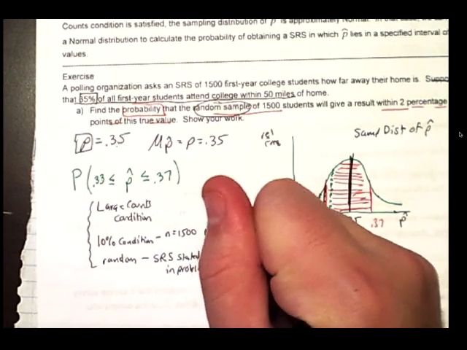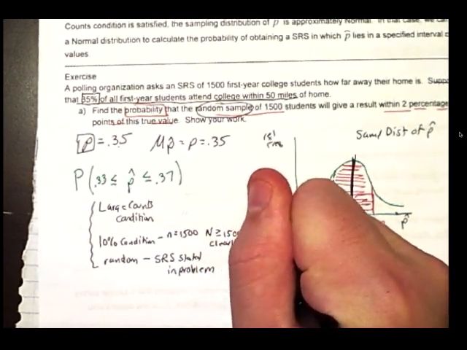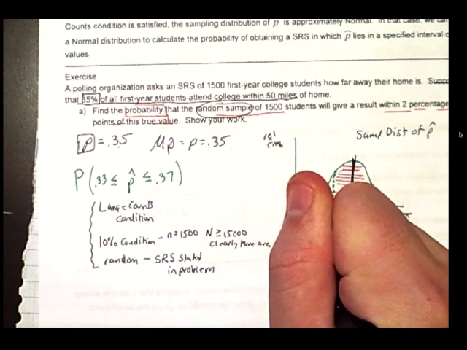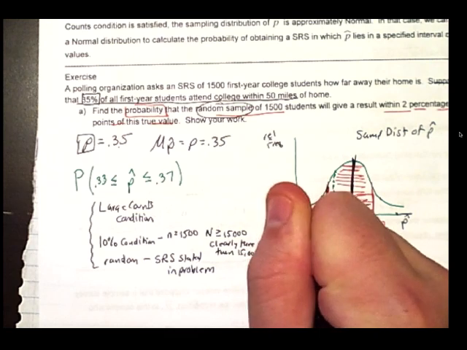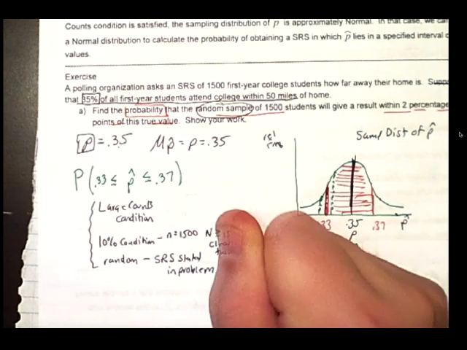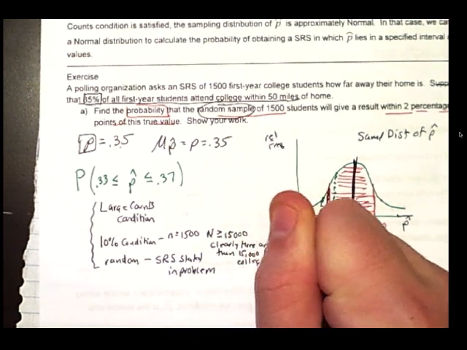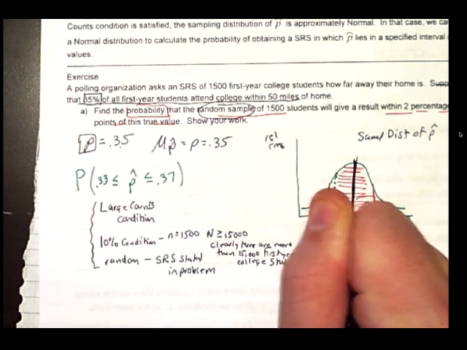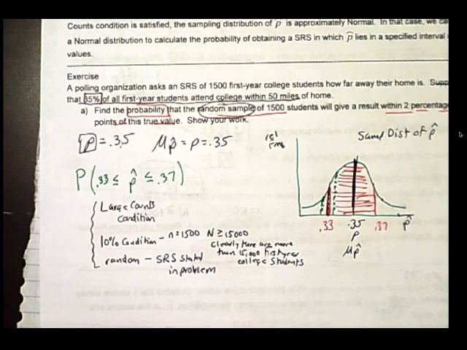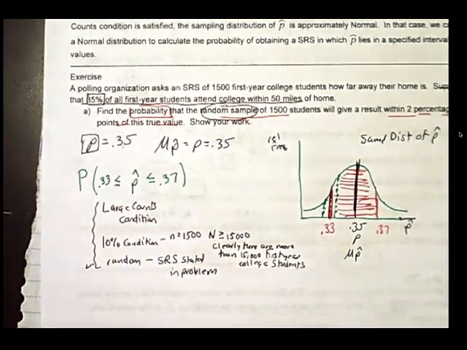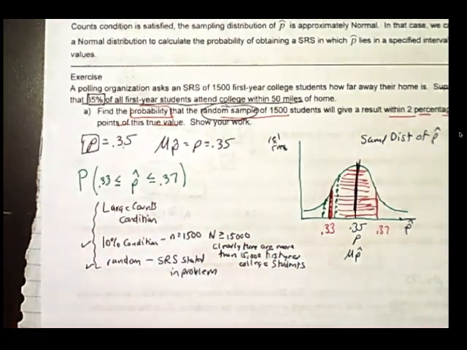Clearly there are more than 15,000 first-year college students. It didn't even talk about US, it just talked about college students. Clearly there are more than 15,000 first-year college students all over. So that condition checked out.